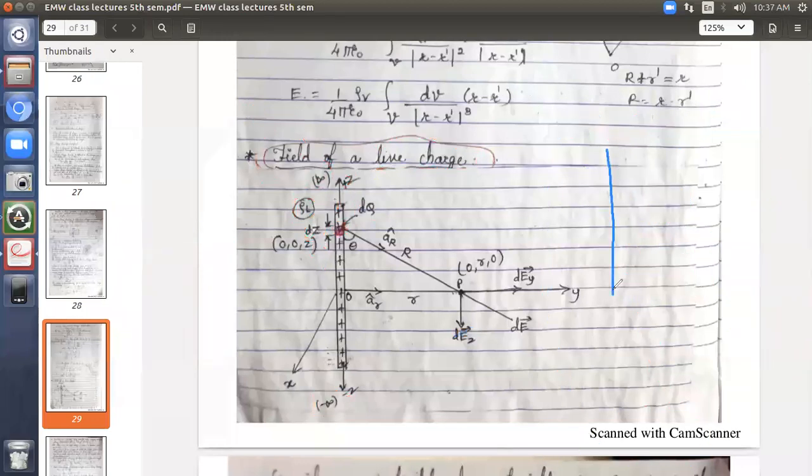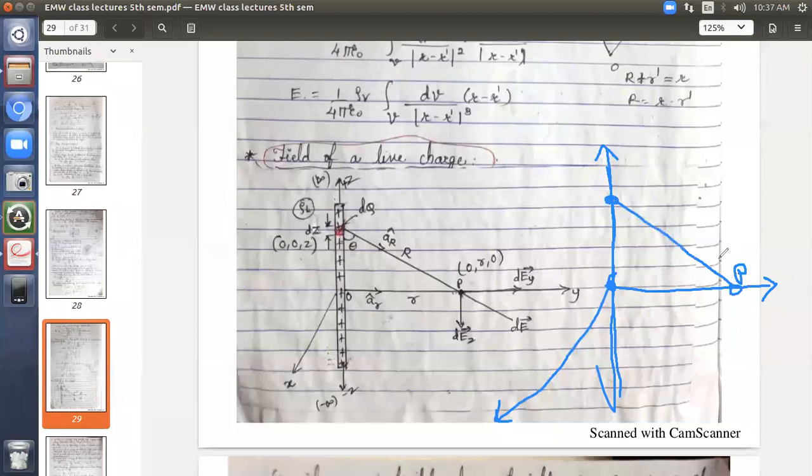I started with the line charge, that is one wire. Then I put it in a coordinate system, a rectangular system in space. This is the center. This is the point of observation P. A small portion of the wire is considered, and here I need to find the field. Since the unit vector is in this direction, your field will be in the same direction.